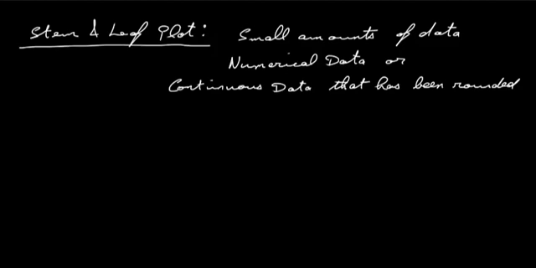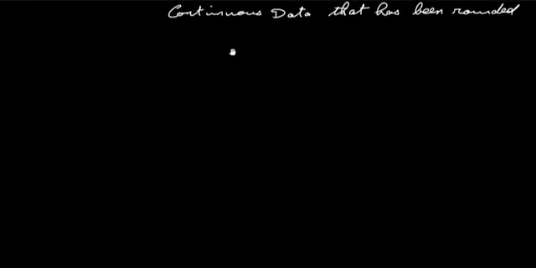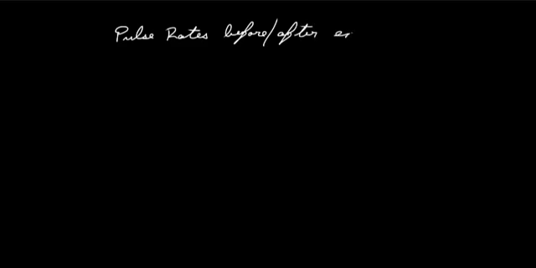An example of this would be, for example, if you take people's pulse rates before and after exercise. So we look at pulse rates before and after exercise. This is going to be our stem and leaf plot.